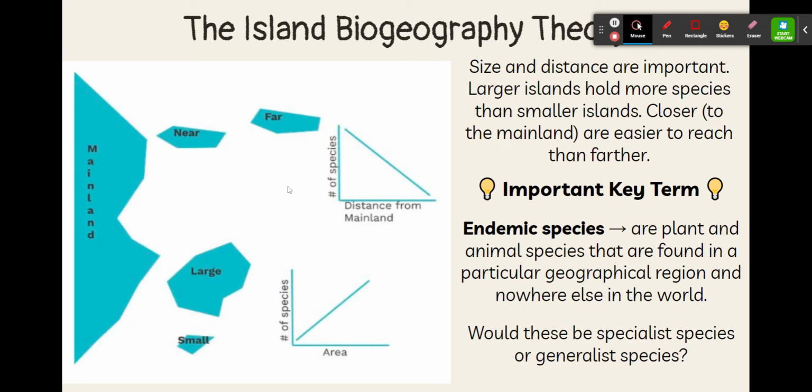Emigrating means leaving, immigration means going to. So islands that are closer to the mainland and are larger will have higher rates of immigration because they are easier to get to, and if they are a large island, they have more resources available to new incoming individuals.